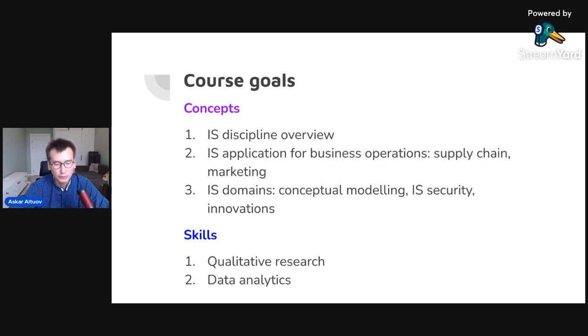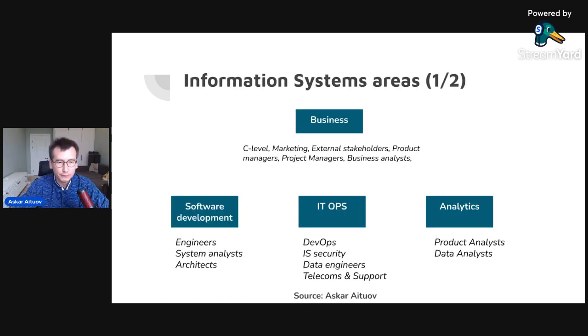Then we'll look at the back-end side, the disciplines: conceptual modeling, information security, innovations. These are the typical specializations where information systems scholars tend to specialize. Although the course itself is more practice-oriented, and you will gain a lot of qualitative research skills and also some data analytic skills.